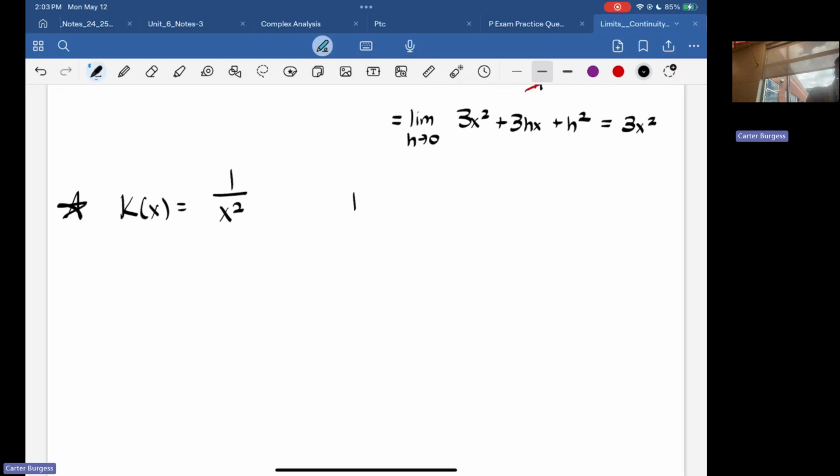What is our derivative setup going to look like for k prime of x? Let's see if we can get a good feel for this. So what is y2 minus y1 over x2 minus x1 going to look like?